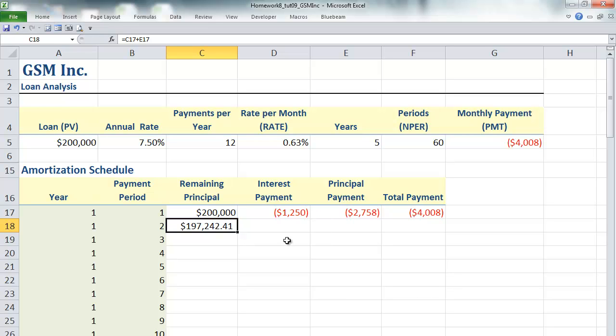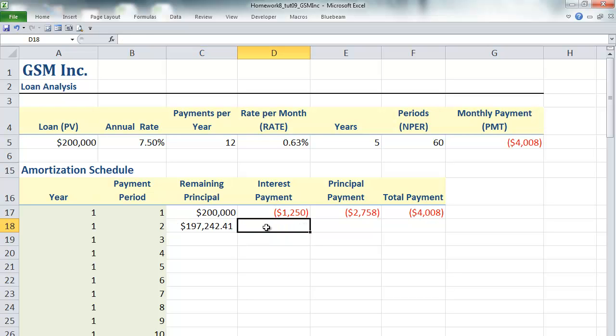When we enter that formula, we see that at the beginning of payment period 2, we have a remaining balance of our loan of $197,242.41. That's the result of having at the beginning of payment period 1 $200,000 outstanding for our loan principal. We repaid $2,758 of that, which gives us a $197,242.41 remaining principal at the beginning of payment period 2.